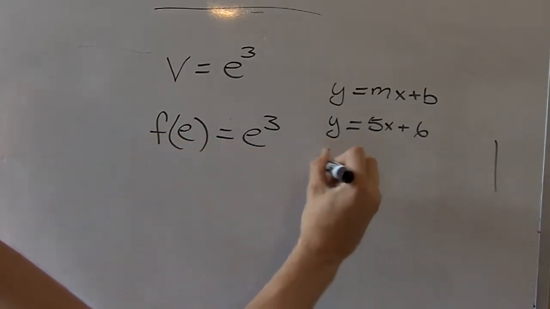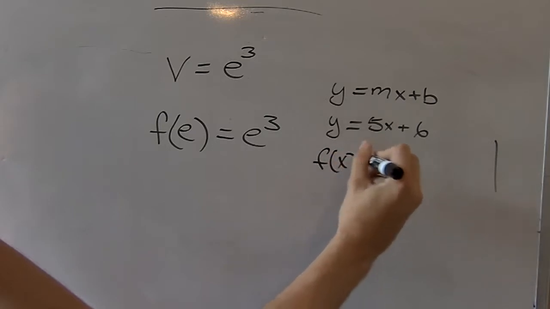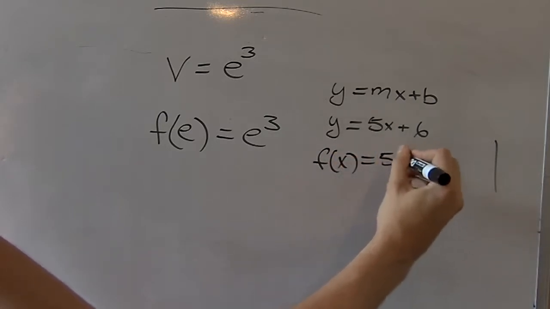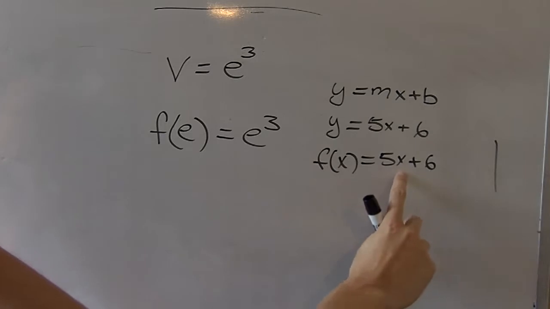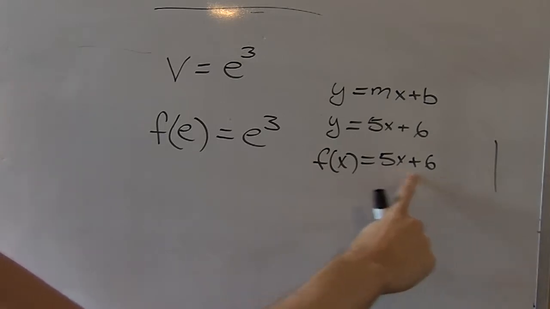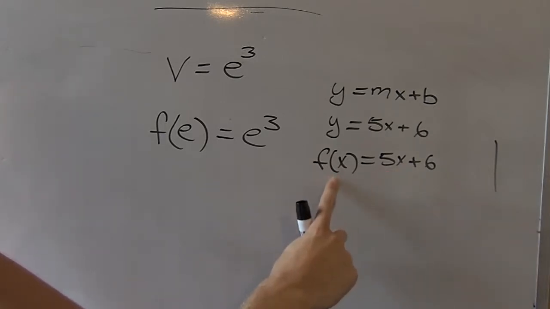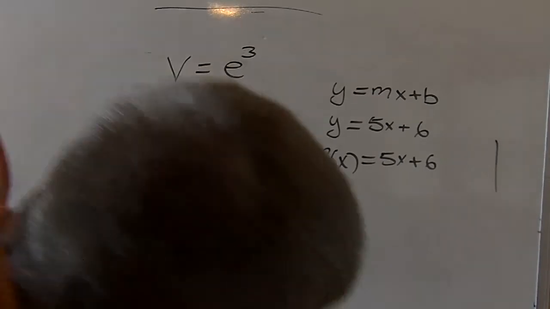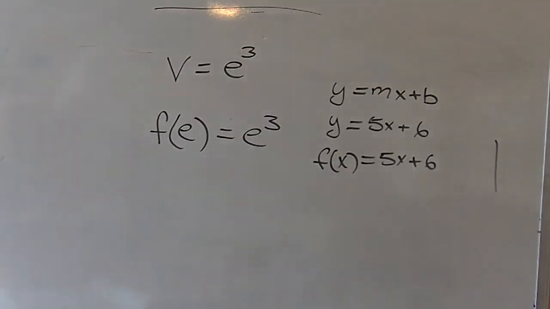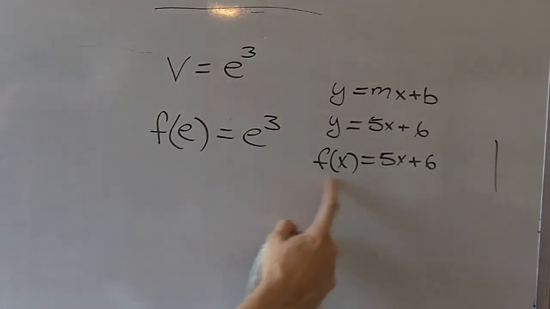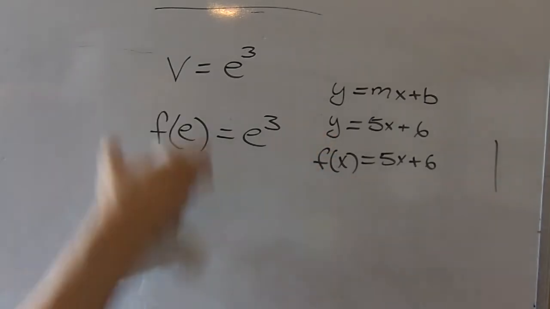So this would be a function of x. When I plug a number for x into this equation, what do I get? That's what they're telling you when they talk like that. It's basically just another way of writing y. It's another way of writing volume.